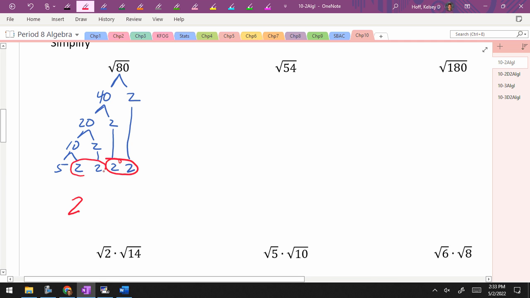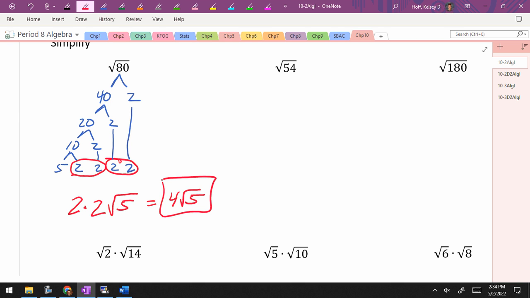Yes, these 2 are also going to break out of jail and go out front. The deal is 5 doesn't have a buddy. He doesn't get out of jail, so he's still underneath the square root. 2 times 2 is 4, so this is really 4 times the square root of 5.